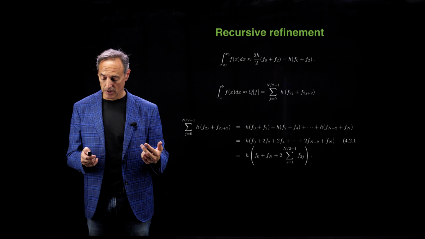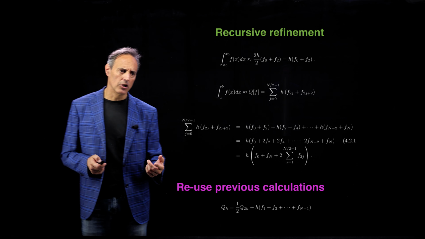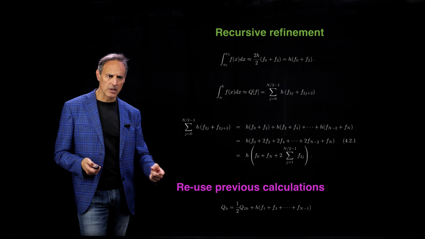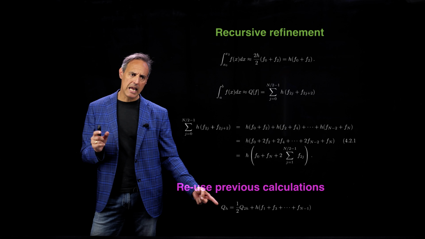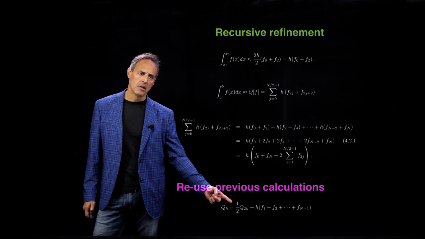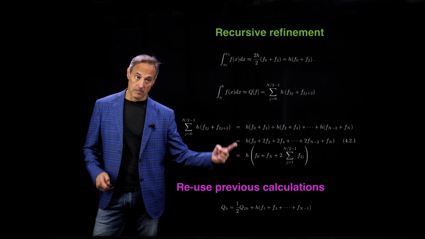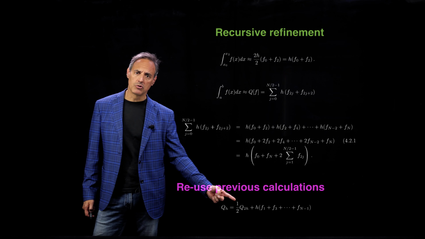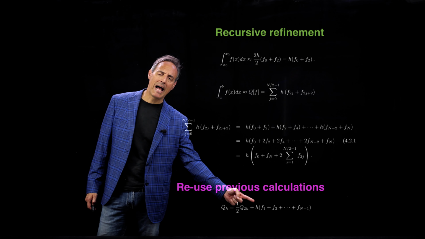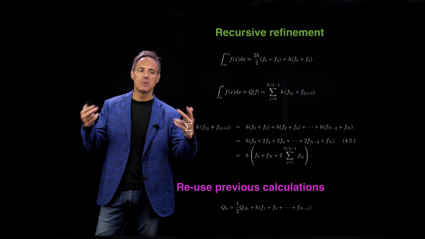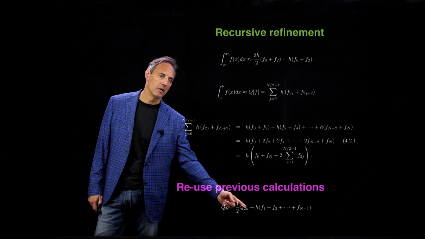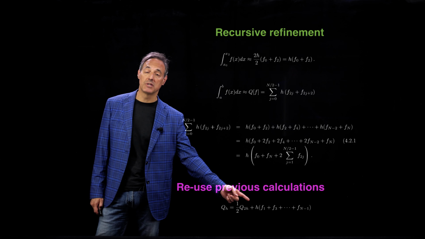So what you could say is there's a previous calculation, you can use it, and you can say, look, if I want to compute the quadrature using h, I can use this previously computed one, which used 2h, and simply add the terms that I'm missing, which gives me the refinement, with terms in between those that I had before.